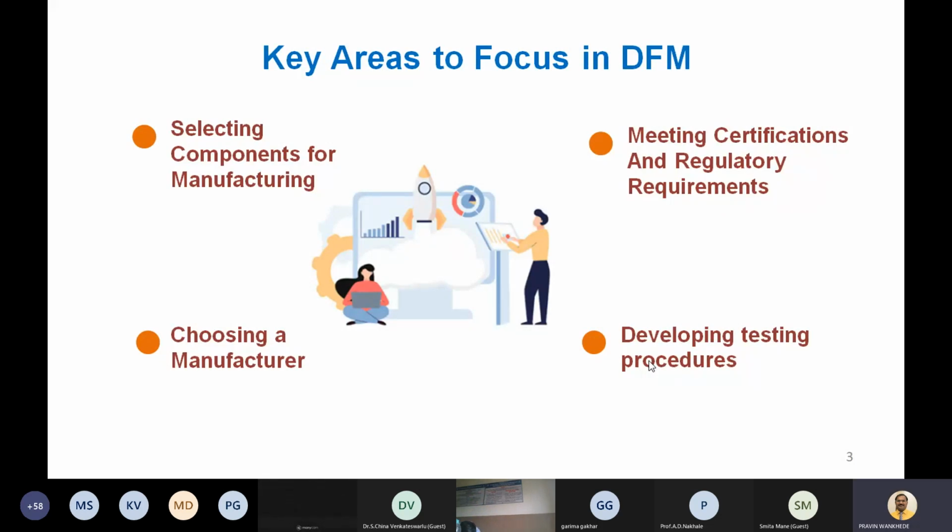Now, if that component or sensor is not readily available or not properly selected by the engineer, then what will happen at the time of launching your product in the market? It may be that the component is obsolete, and there is a new product already available in the market. So what will happen at the last moment? You have to change your design, and that is very difficult for any product manufacturer.